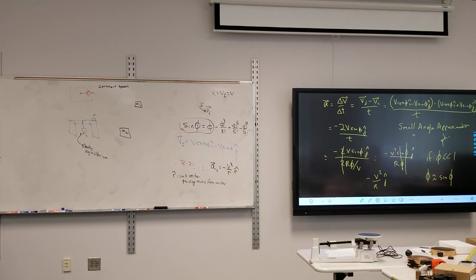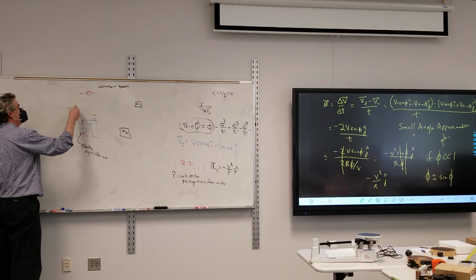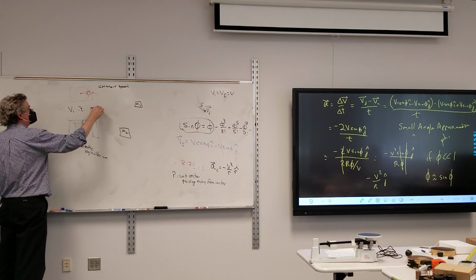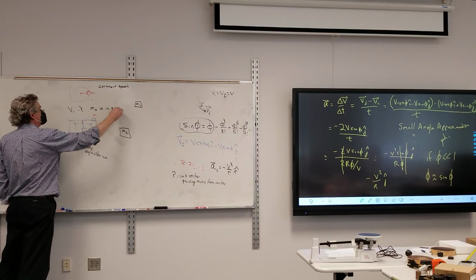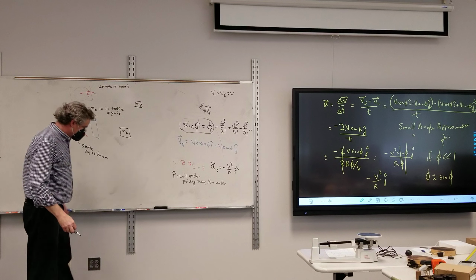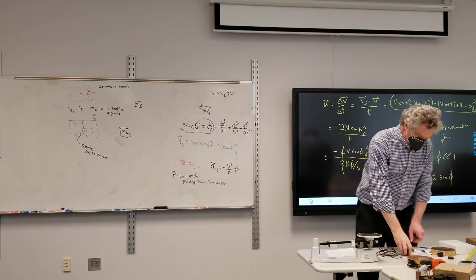Are we going to find out how fast mass 1 has to spin in a circle to hold mass 2 up? Yes. So let's state that: find v1 such that mass 2 is in static equilibrium. Not quite the same thing, but an approximation.